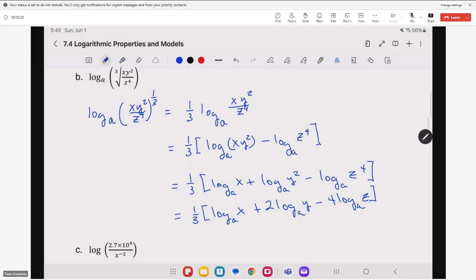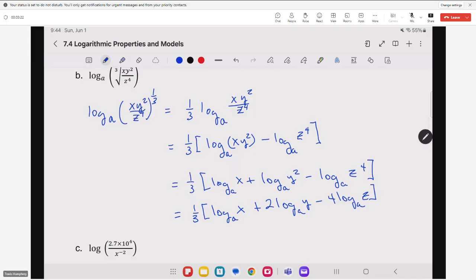You can distribute the 1/3 to everything inside the parentheses, but that's not a necessary rule, but it does hold true. And there would be your final answer.